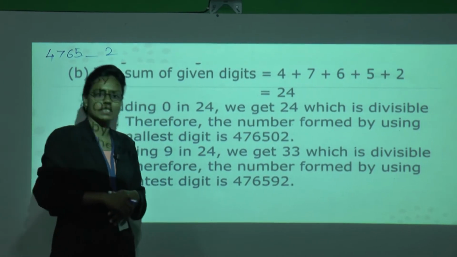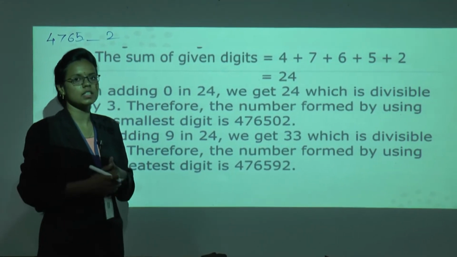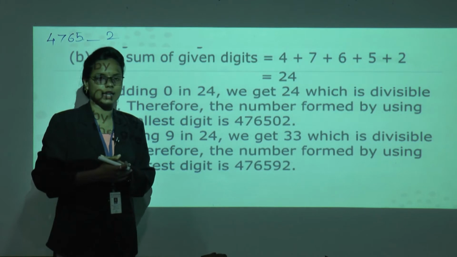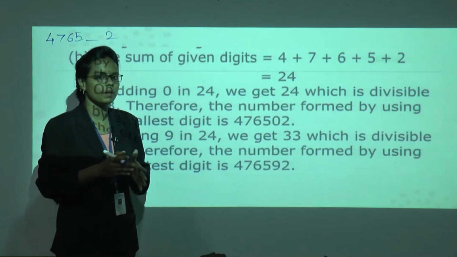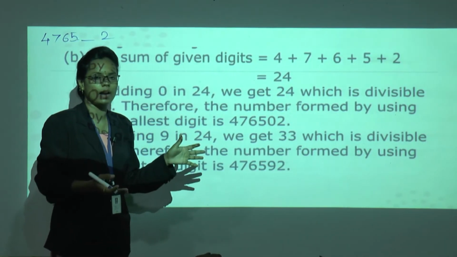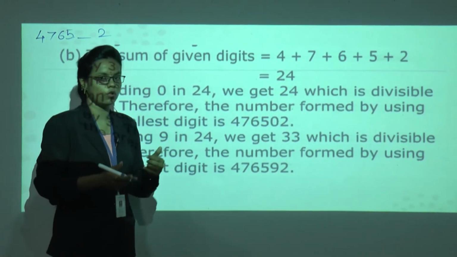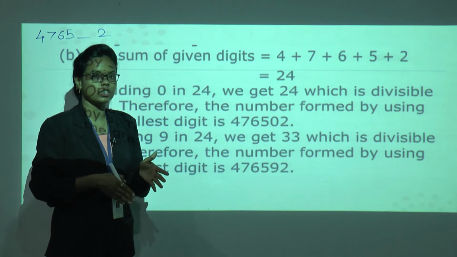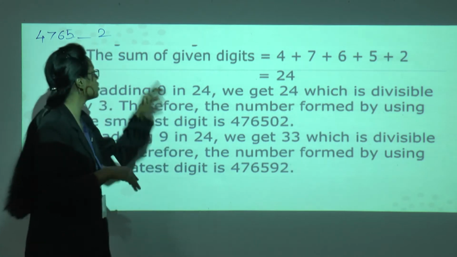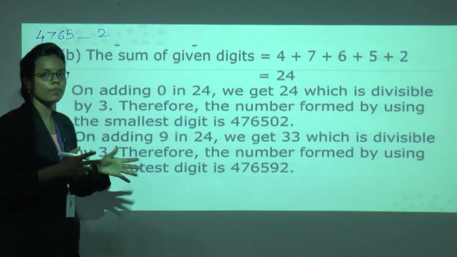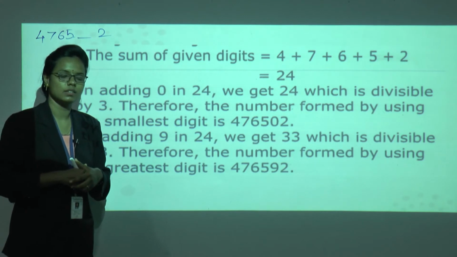Is 24 divisible by 3? Yes. If 24 is divisible by 3, is there any digit that needs to be added here? Do we need to add 1, 2? No, because we are already getting 24 and we have to find the smallest digit in this blank space. So what can be added here?